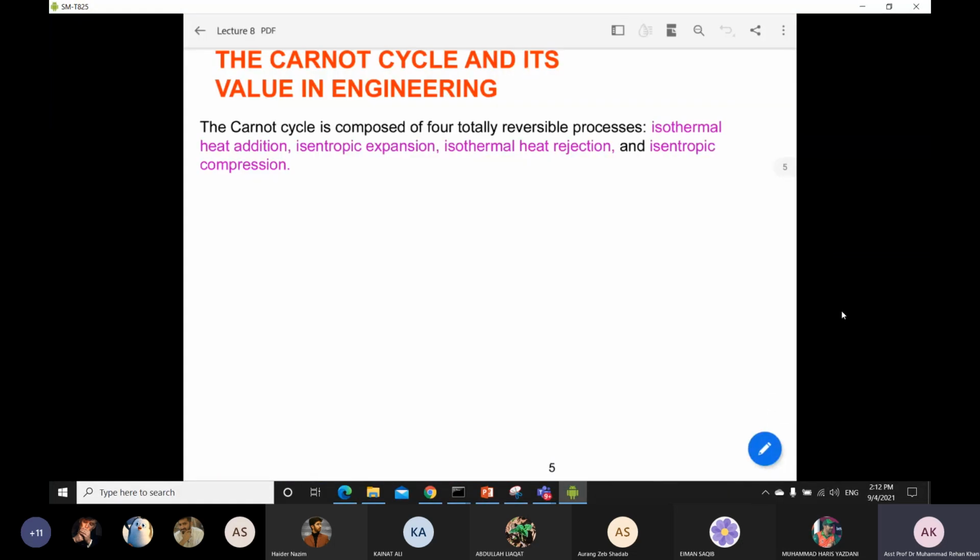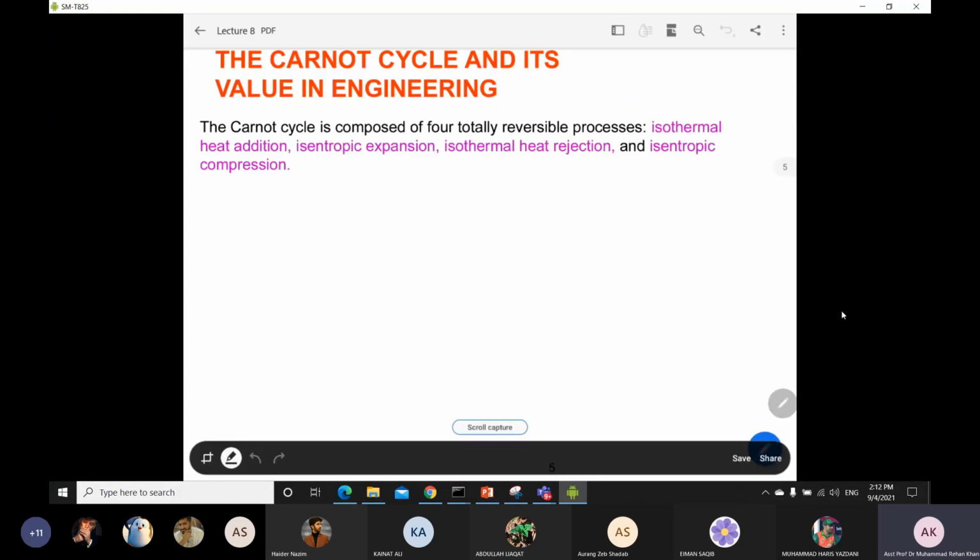Starting with the Carnot cycle, it is composed of four totally reversible processes, which means it utilizes all the energy from the heat source into work, and there will be less rejection of heat as well because it is a reversible process.